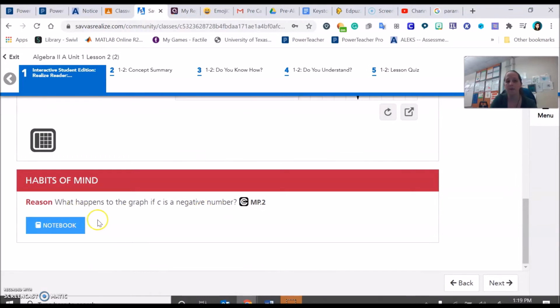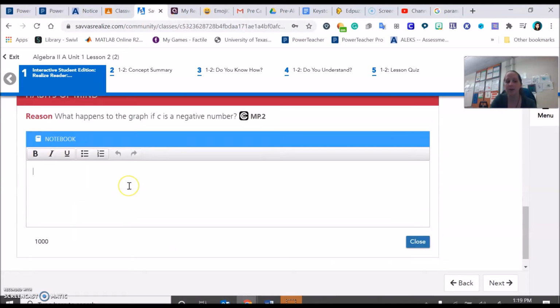Okay. So habits of mind. What happens to the graph if c is a negative number? Okay, so remember, it's still absolute value. So if c is a negative number, we still will have a horizontal shift, to the left or the right, depending on how large the negative number is.